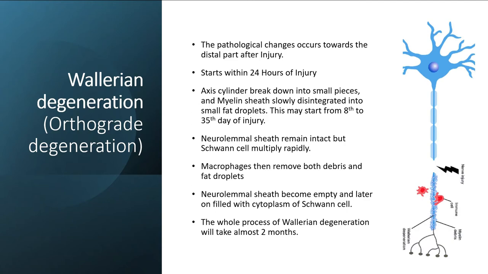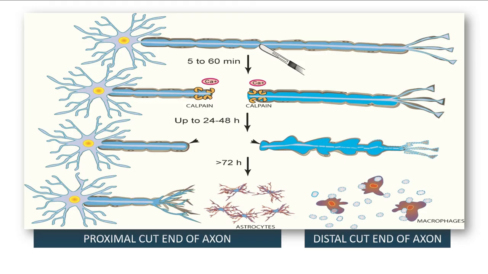The whole process of Wallerian degeneration takes almost 2 months. Now you see that the part is degenerated, and it will create new fibers. Schwann cells give direction for the formation of the axonal terminals, and again a new fiber will be formed. Sometimes its length will be normal, and sometimes it will not reach the normal length.